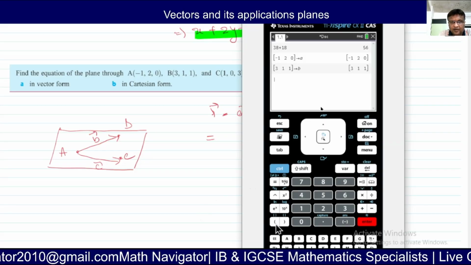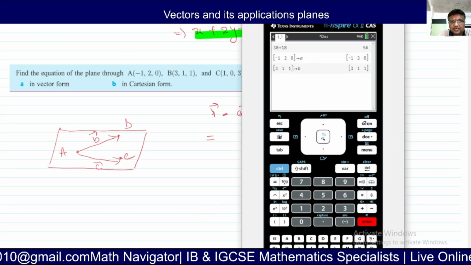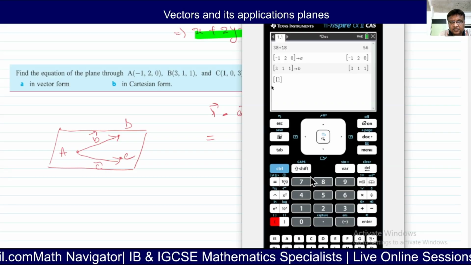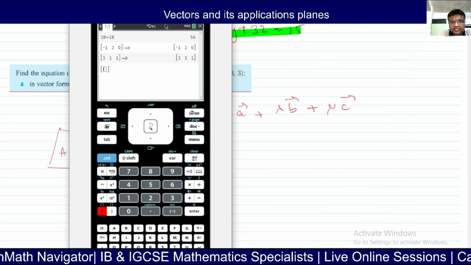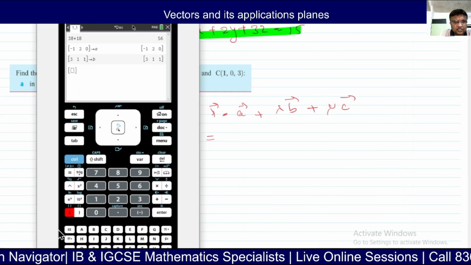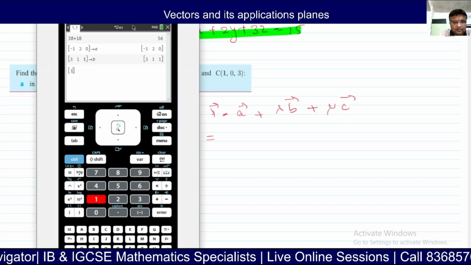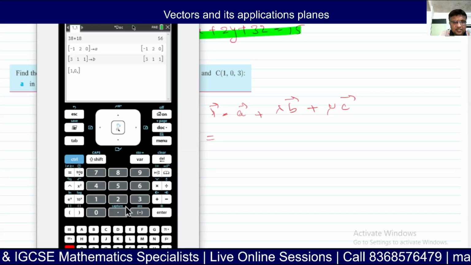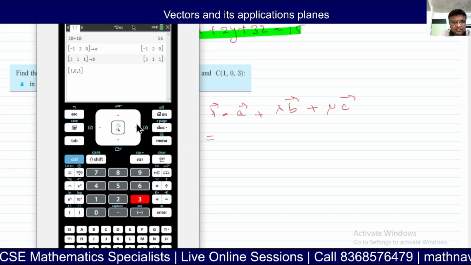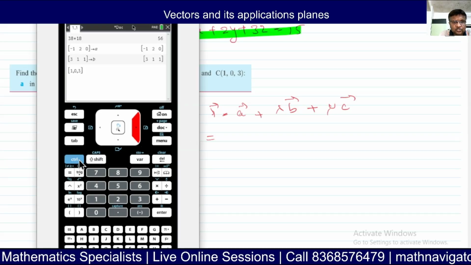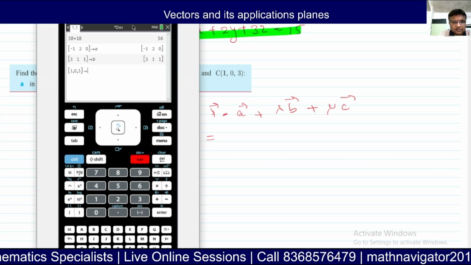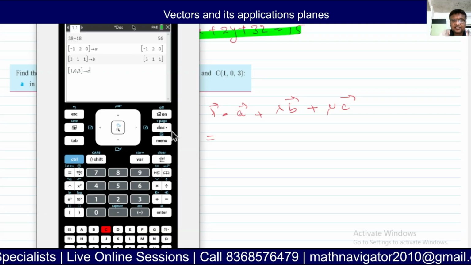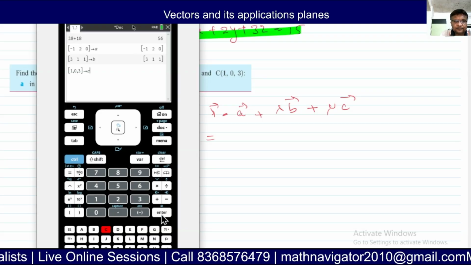Very good. Now I will again take this. Let me check. 1, 0, 3, 1 comma, 3, then store, then C, and then hit enter. Right.